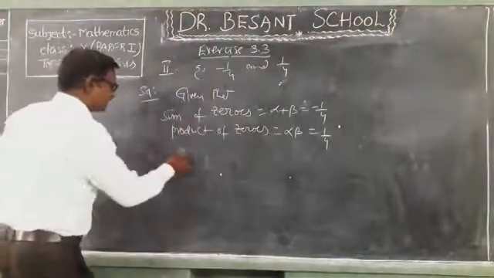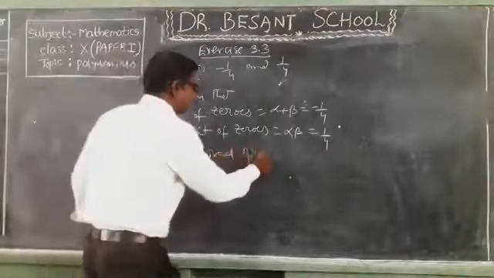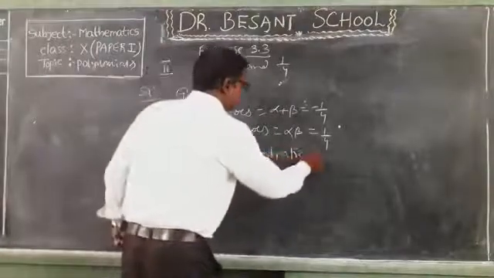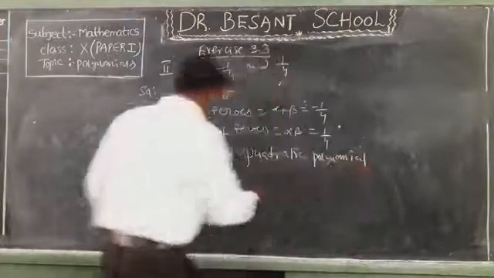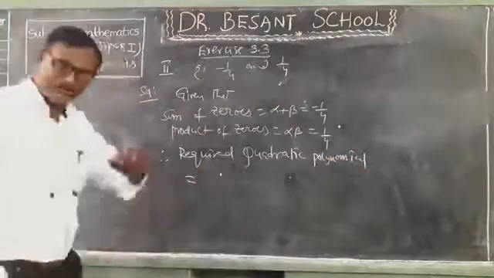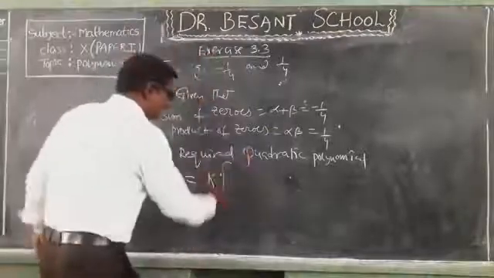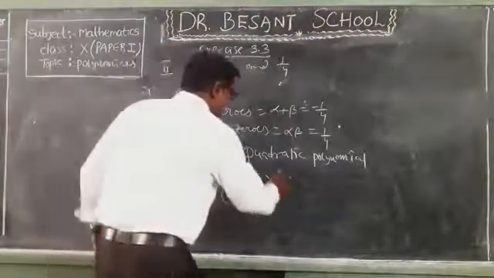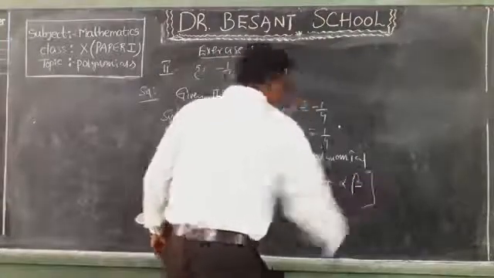Now, therefore, the required quadratic polynomial is equal to, we have a formula. Do you remember the formula? Just tell me now. So this is k into x square minus x into alpha plus beta plus alpha into beta.